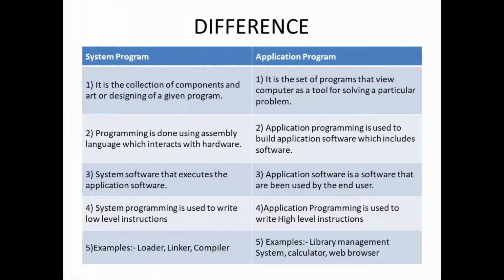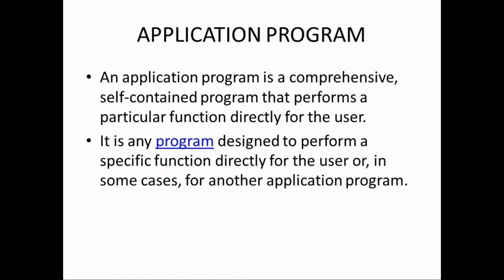So let's look at the application program itself. An application program is a comprehensive, self-contained program that performs a particular function directly for the user. Just like we said in that difference, the application software allows you to be able to perform a particular function or solve a particular problem which is being used by the user.